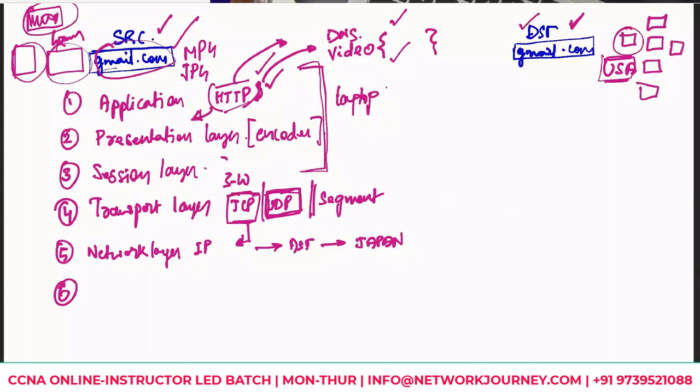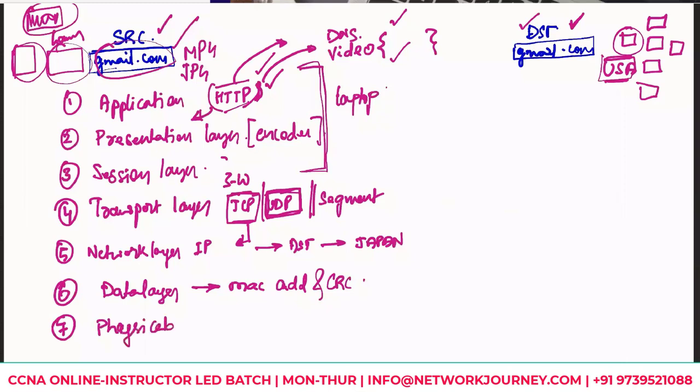That is decided in the data link layer. The data layer, along with the MAC address, also checks the CRC and other error corrections. Then it will send to the physical layer. Physical layers are all your cables and wireless connectivity, let's say your exit point.